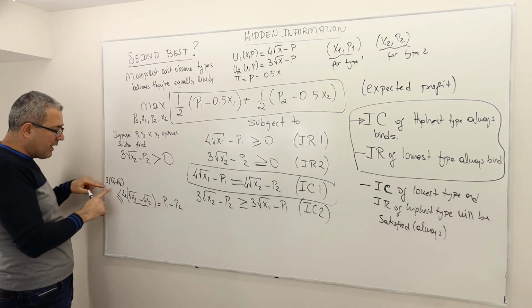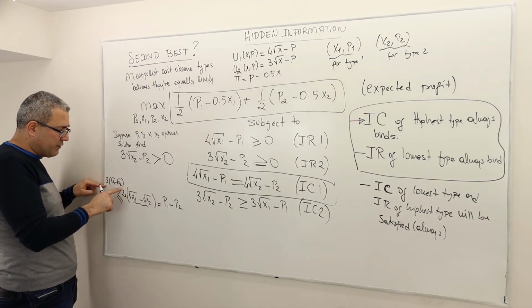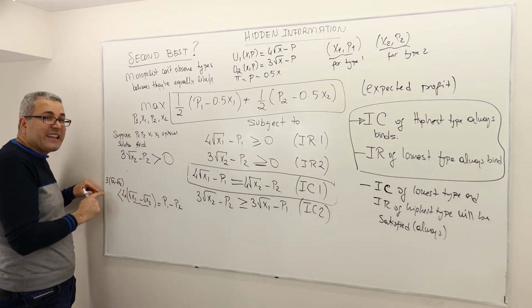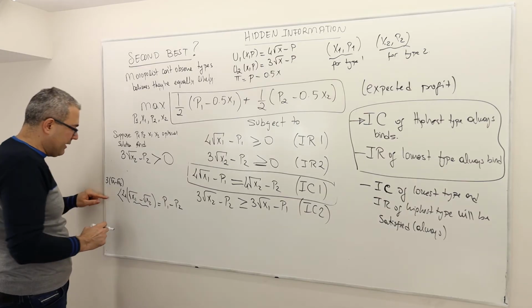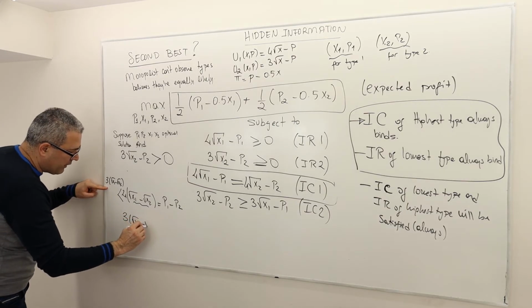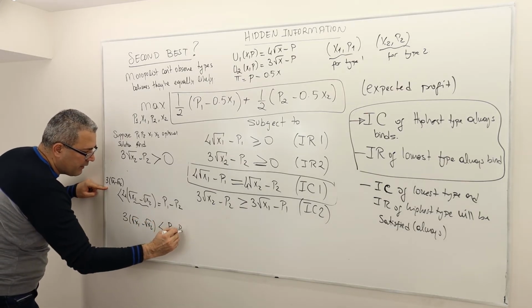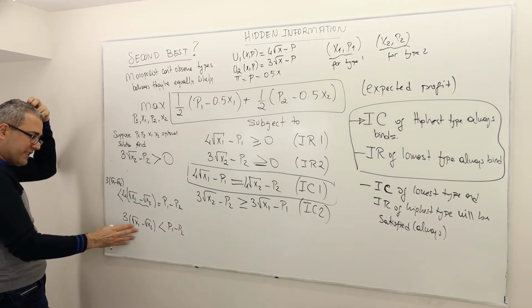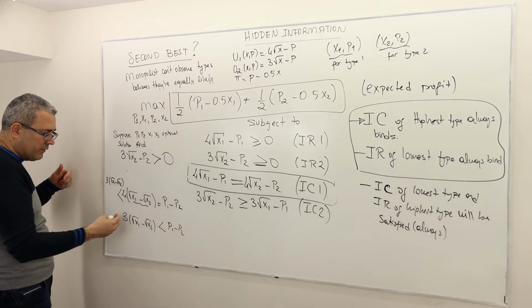So therefore, I can conclude that 3 times square root of x1 minus square root of x2 is in fact strictly less than 4 times this difference. So what does that mean? That means 3 times square root of x1 minus square root of x2 is strictly less than p1 minus p2. Now I'm going to send x2 to the other side and p1 to this side.